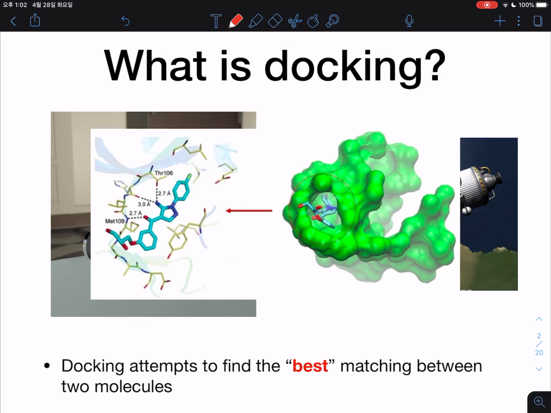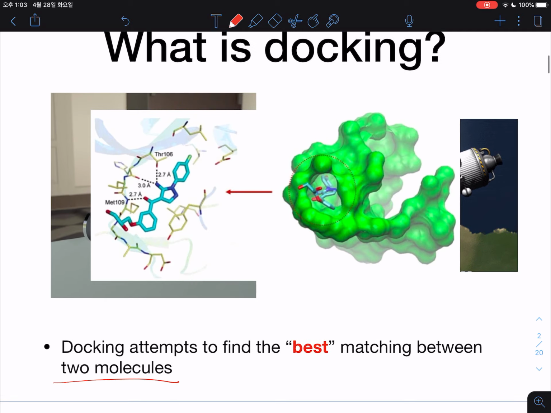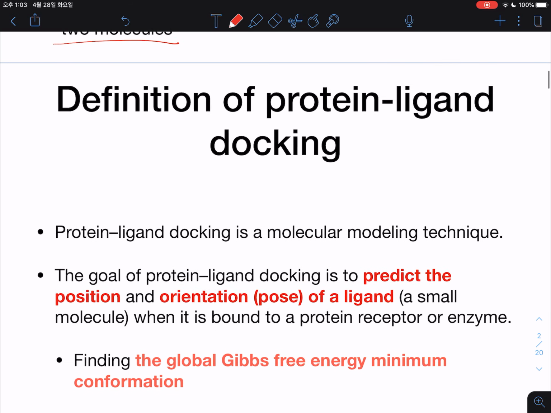Usually docking means that a ligand, a small organic molecule, is bound to a protein, or two separate proteins are bound together. Docking simulation or docking modeling means finding the best matching structure between two molecules. So let's get into more details.